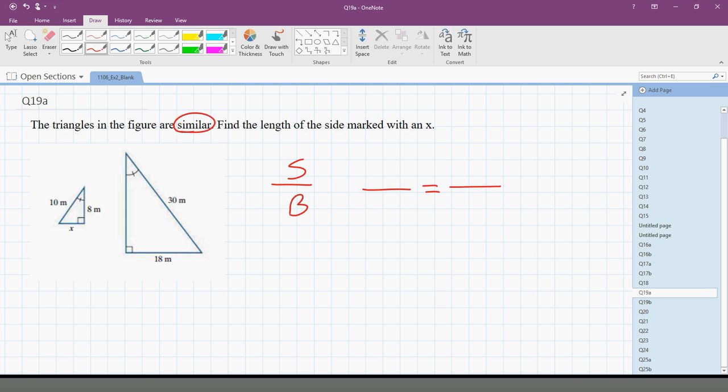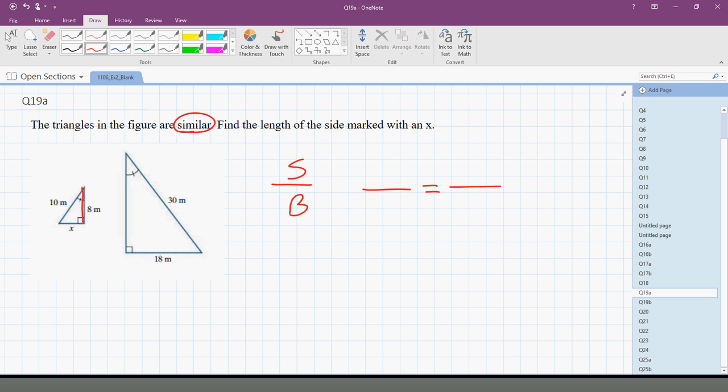So John, give me someone on the small triangle. 8 meters. Now, who matches that on the big? 30. Nope. The 8 meters does not match up with the 30. This side right here, who does it match on the big side?